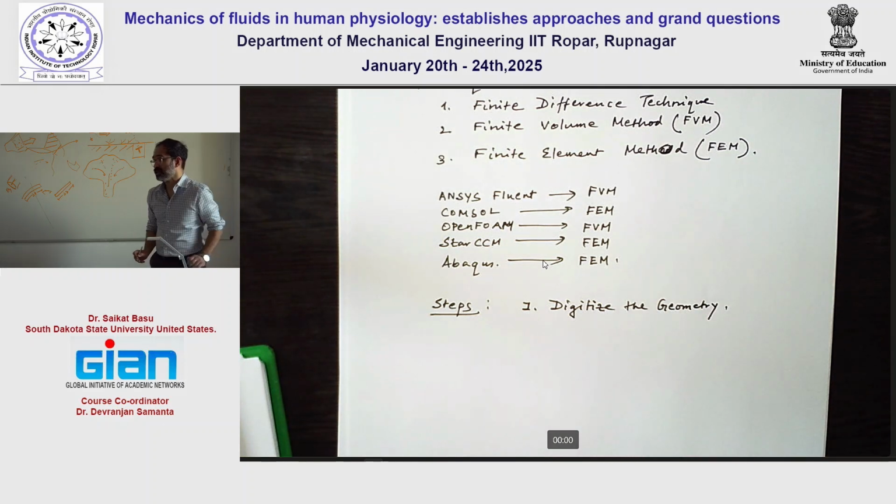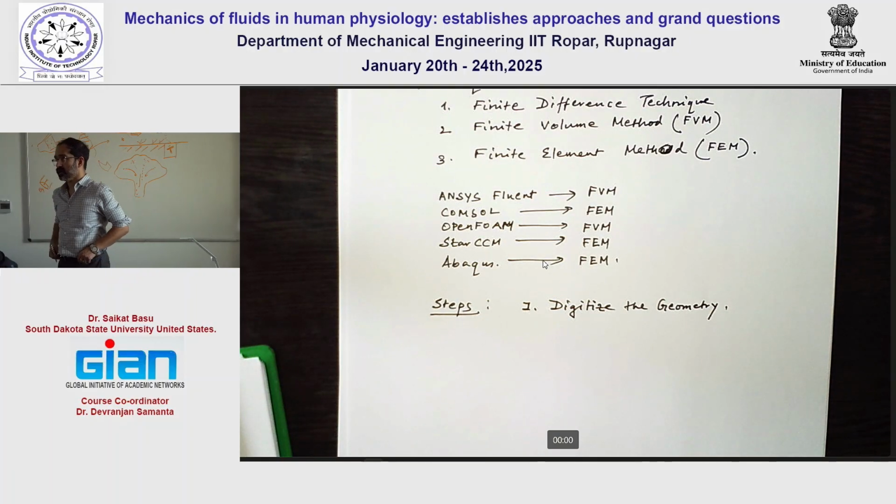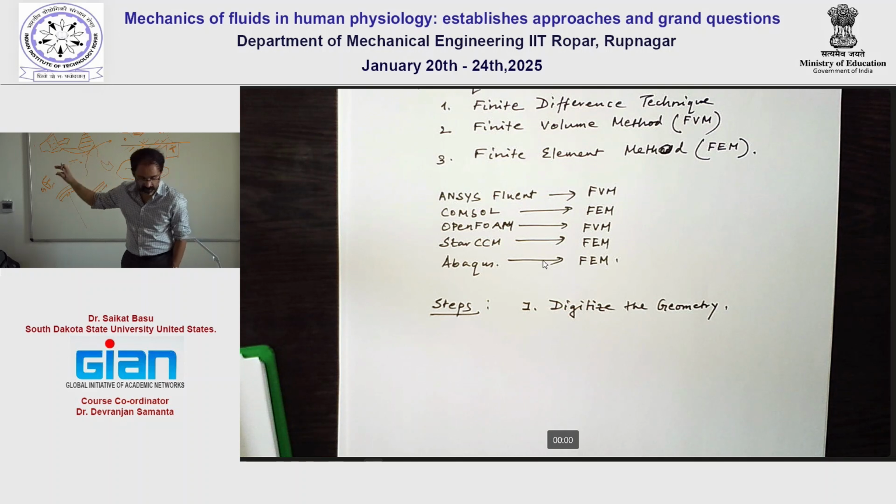You get the CT scans, which come in a file format called DICOM files, and then you extract the airspace on each slice and stitch them together. Thankfully, we are not going to do that in this course. We are going to use models that have already been built, because digitizing that geometry anatomically would need input from the clinicians.